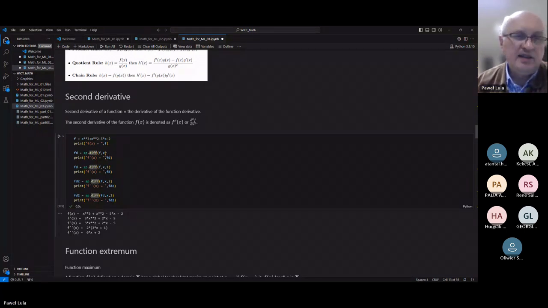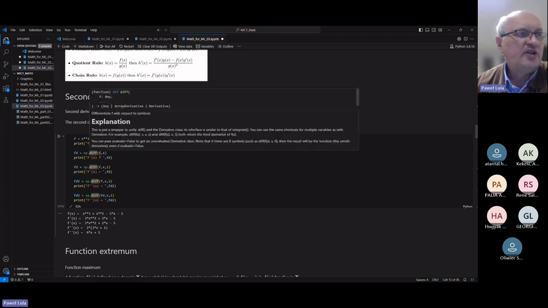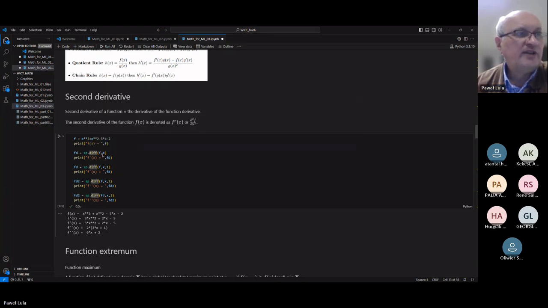First, I calculated the first derivative. It is here. So I use this diff function for calculating the derivative of the f function when x is a parameter.